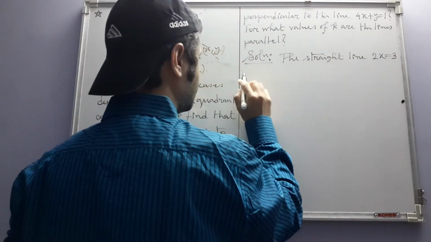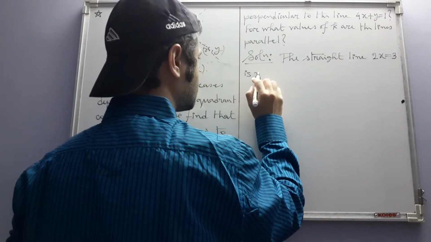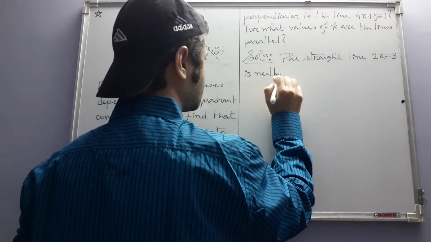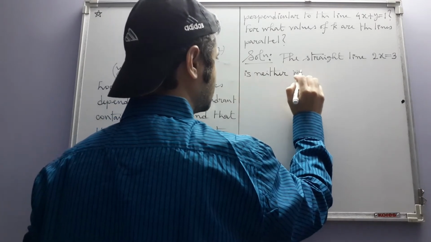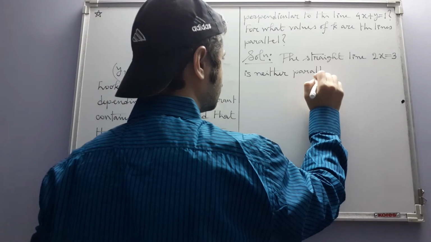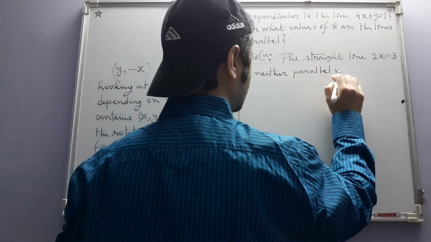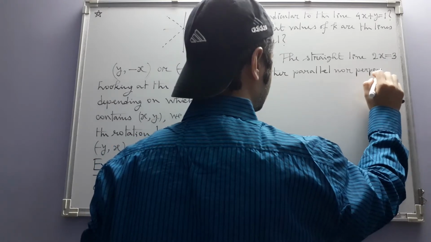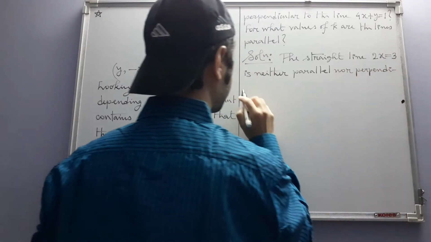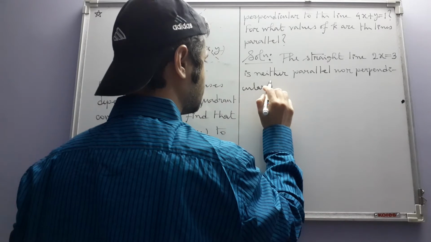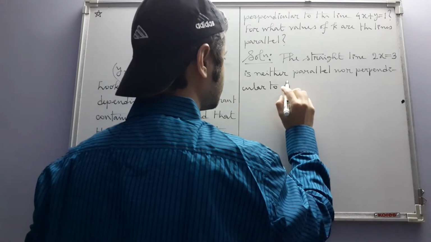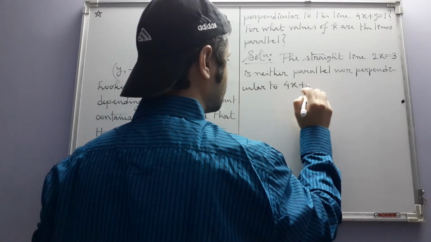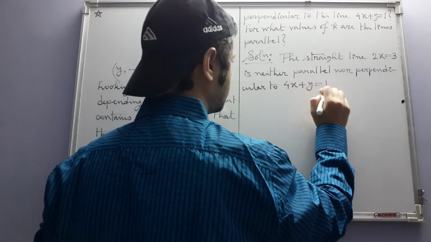The straight line is neither parallel nor perpendicular to 4x plus y equal to 1.